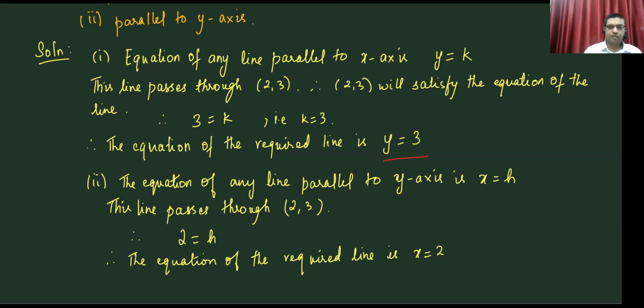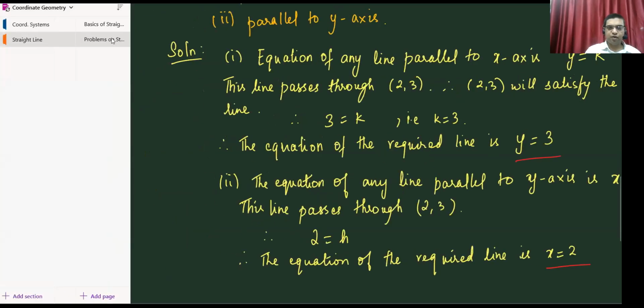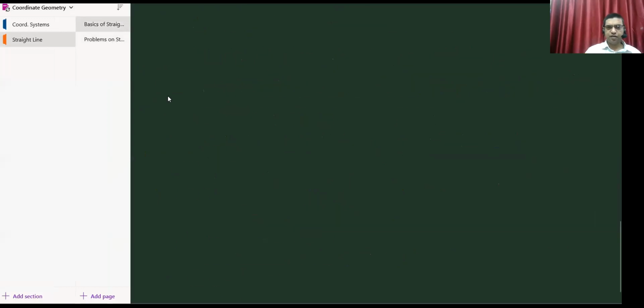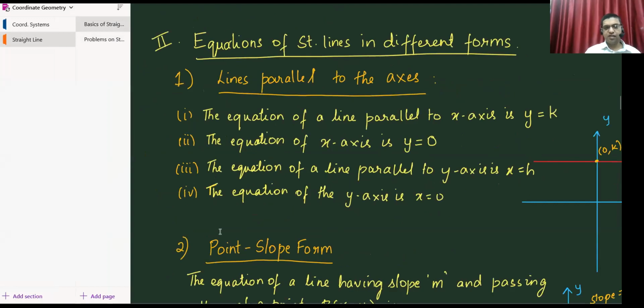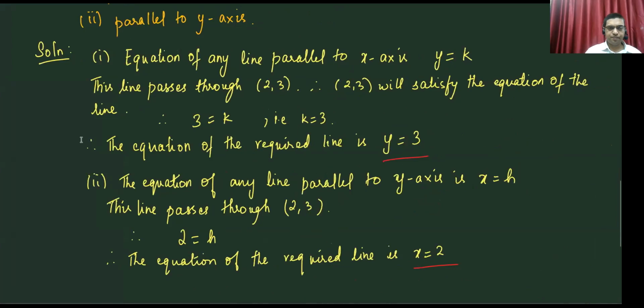Yes, sir. This was on the simplest of forms, the equation of a line parallel to the axis. Next is point slope form. We'll do a question on point slope form.